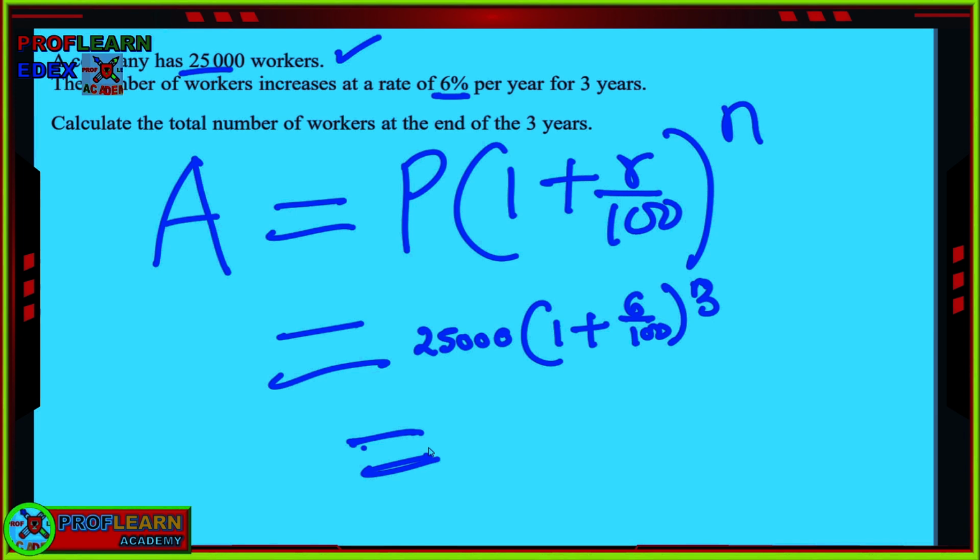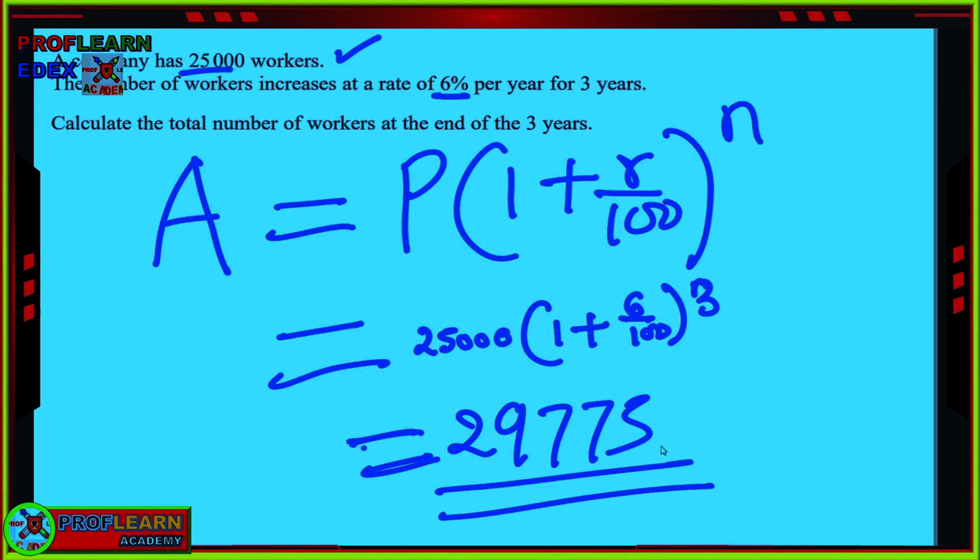If we work it out, the number of workers we're going to get is 29,775, because whatever value we got here was a decimal, and you cannot round off a worker. So basically, I just wanted you to know how you can use this kind of formula.